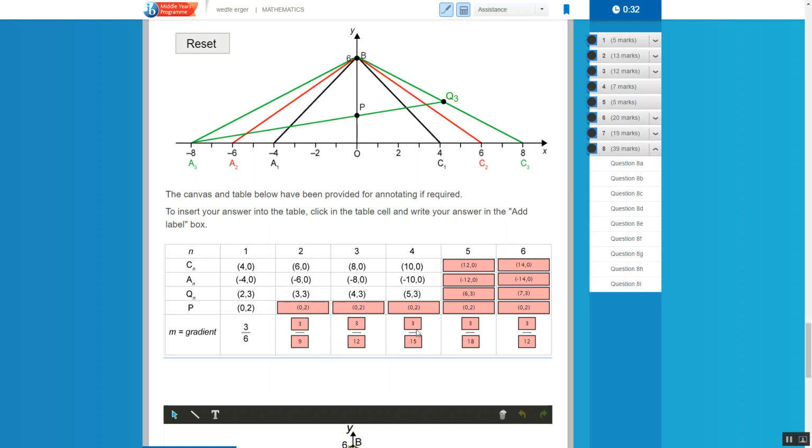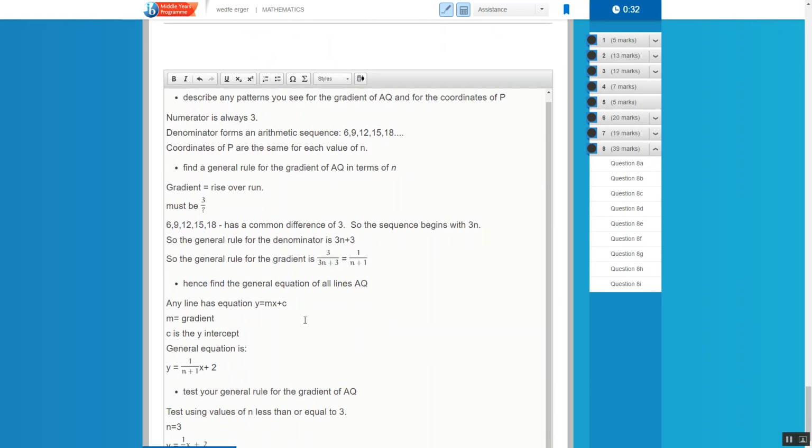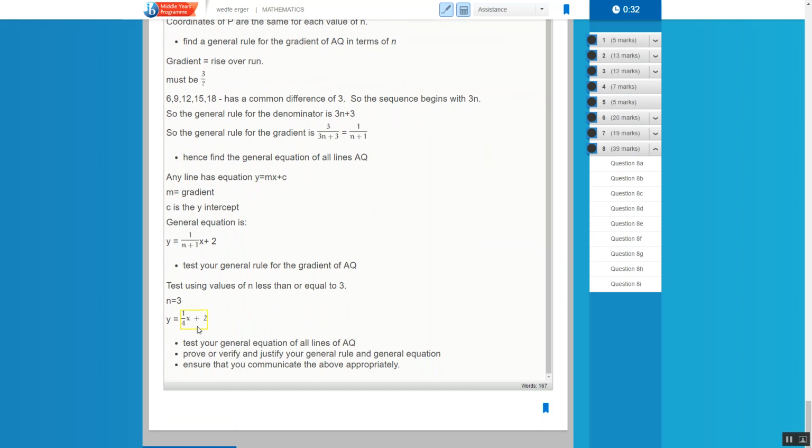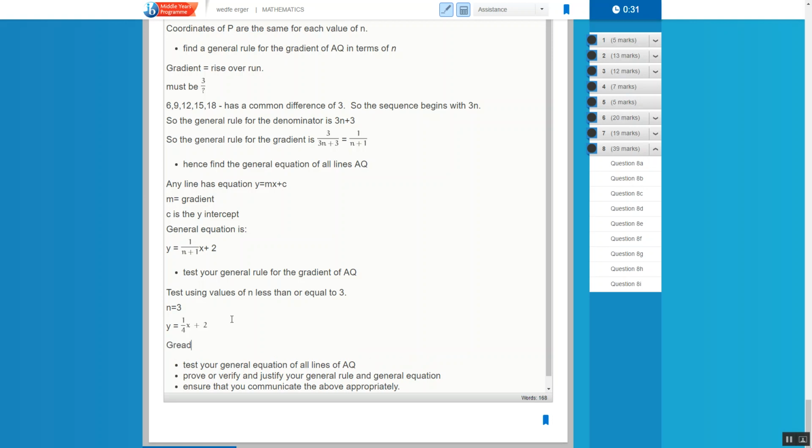I can see that the gradient is 3 over 12. 3 over 12 is the same as 1 over 4. That's your equation for all lines of AQ.